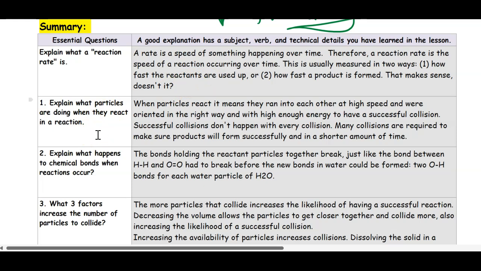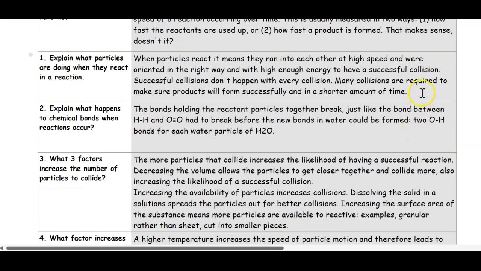Explain what particles are doing when they react. Well, when particles react, it means they ran into each other at high speed and were oriented in the right way and with enough energy to have a successful collision. Successful collisions don't happen with everyone. Many collisions are required to make sure products will form successfully and in a shorter amount of time. Ideally, when we want reactions to happen, we want them to be faster.